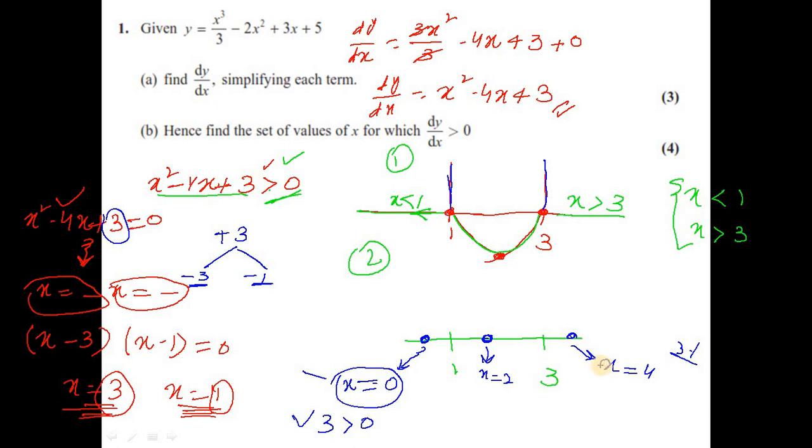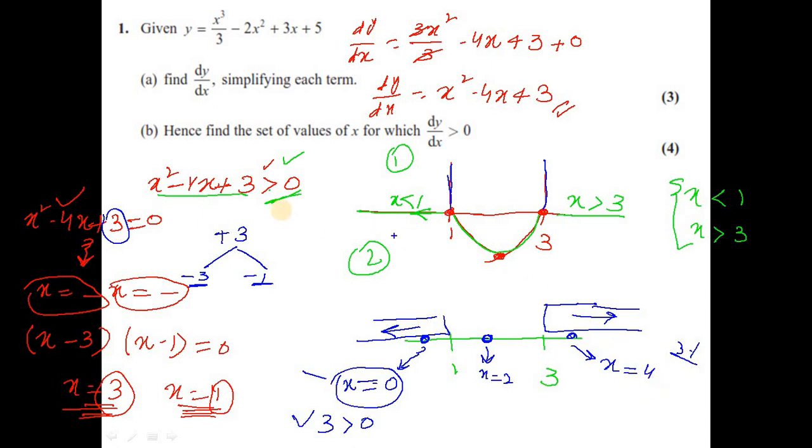In fact, in these kinds of tests, if one number in this range gives you a true inequality, the range on the other side of the 3 should also give you true values, because you can see you have positive values on the graph. So you don't need to check, but if you wish, you can check for your satisfaction.